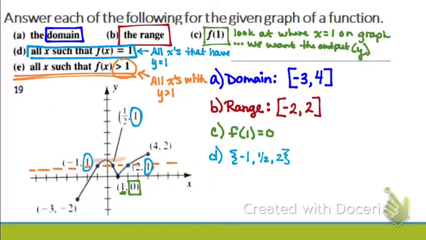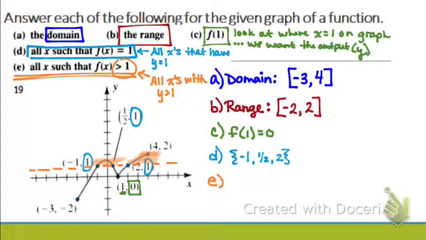I'm looking right here because that's above, and I'm also looking right here because that's above. But we are going to need a union. Do I need parentheses or square brackets here? Parentheses, because it can't be equal to 1. It's strictly greater than 1. But these are still my boundaries.